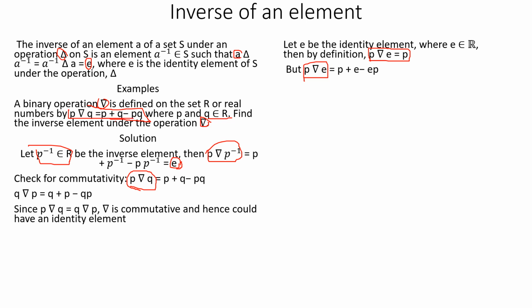Then we have P plus E minus EP, and we said this should be equal to P. So when we operate the identity on P, it should give us P, and this should be equated to P.